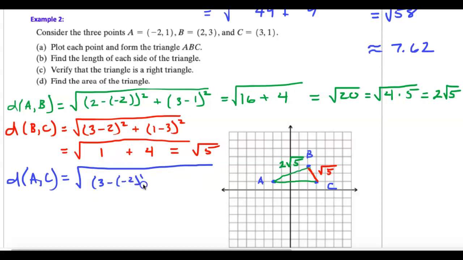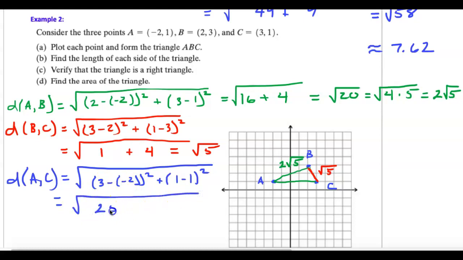Always be careful with those negative signs, plus the difference of my y coordinates, which is 1 minus 1 squared. And that becomes 3 minus a -2 is 3 plus 2 squared, which is 25.